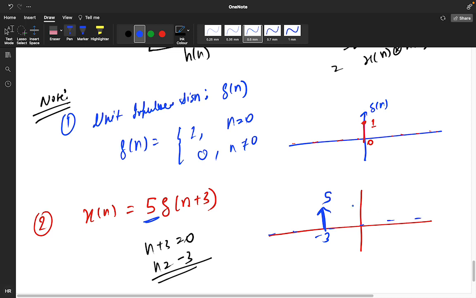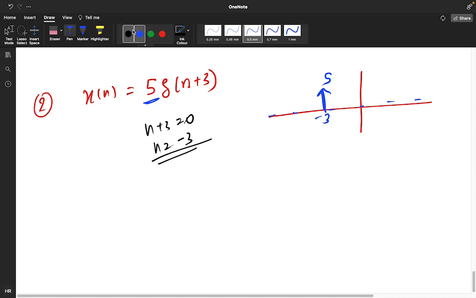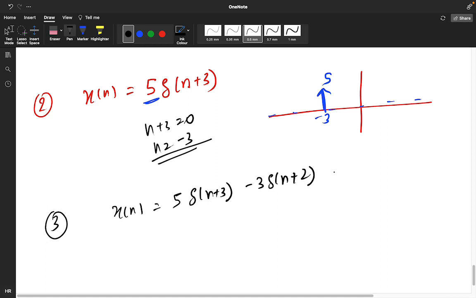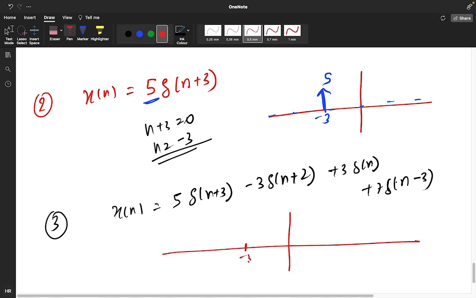Now if you have the equation x of n is equal to 5 delta n plus 3 minus 3 delta n plus 2 plus 3 delta n plus 7 delta n minus 3, what will the figure look like? At minus 3 you get 5. At minus 2 you get minus 3.